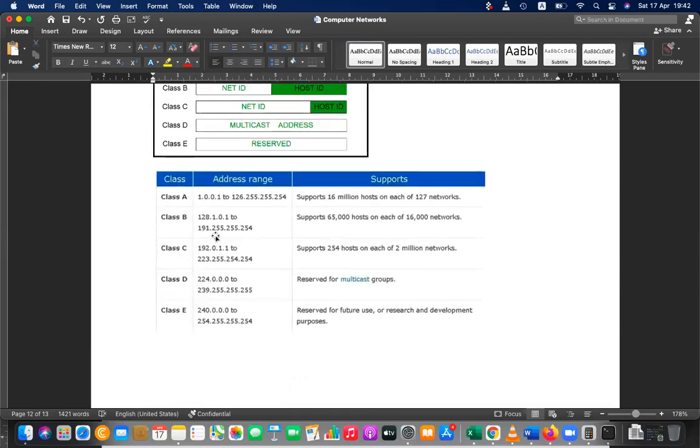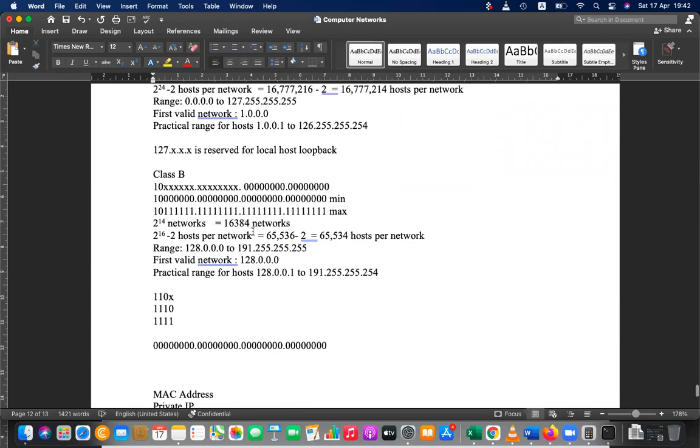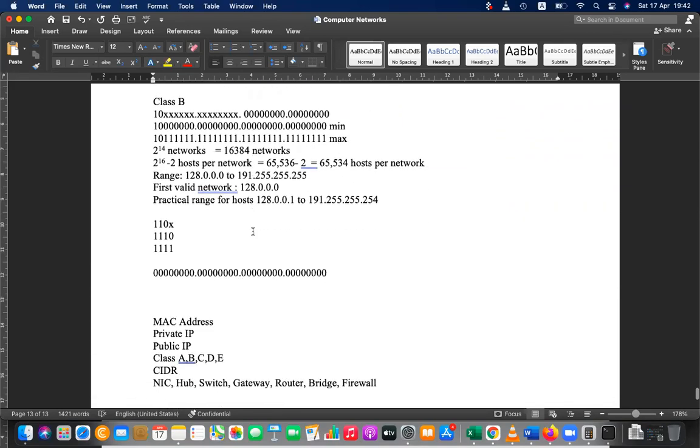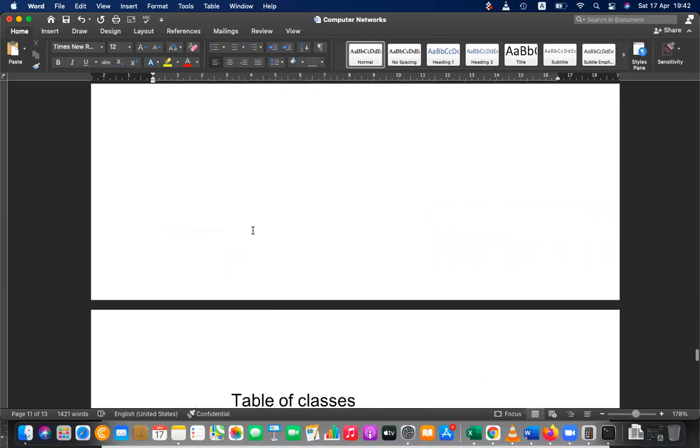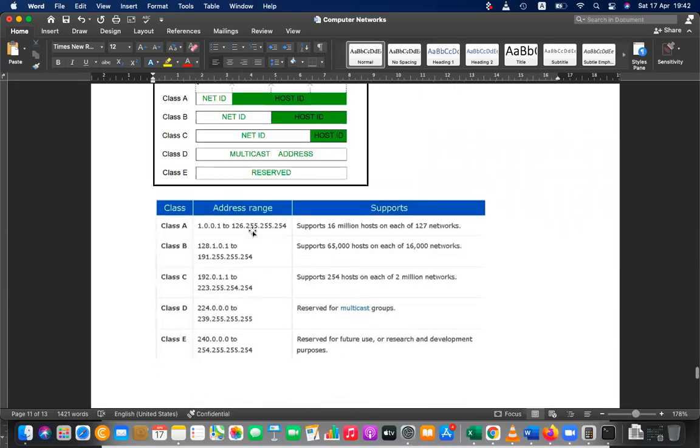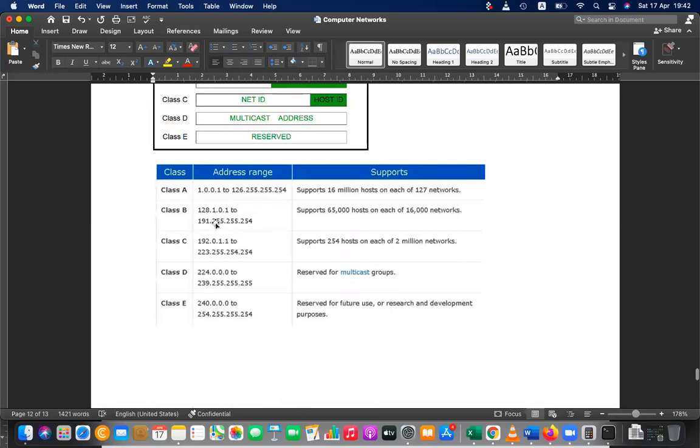And you can see 128.0. There is no need to start with 128.0.0.0; you can start with 0.0.1, and this is the last value. Some people are not using the 0 network, therefore they have started with this one.